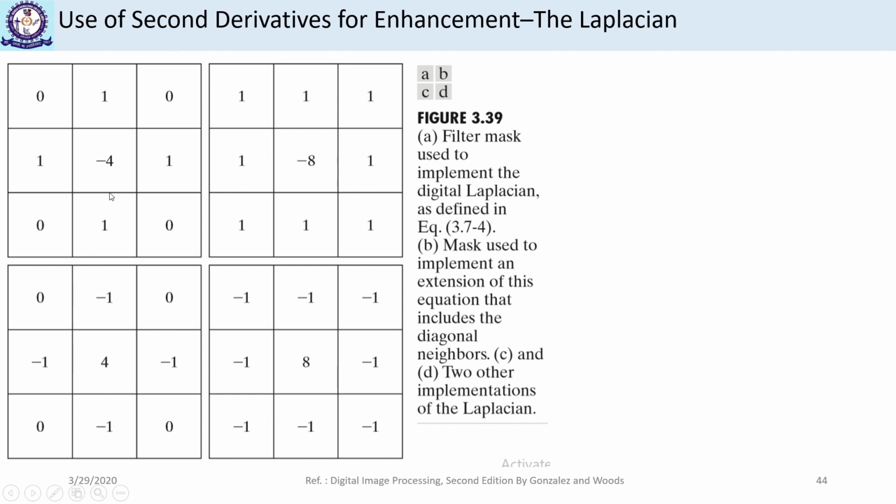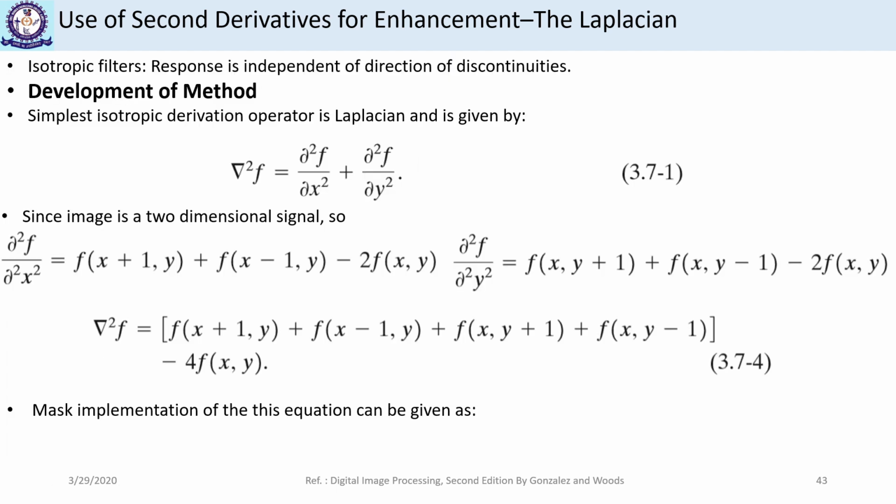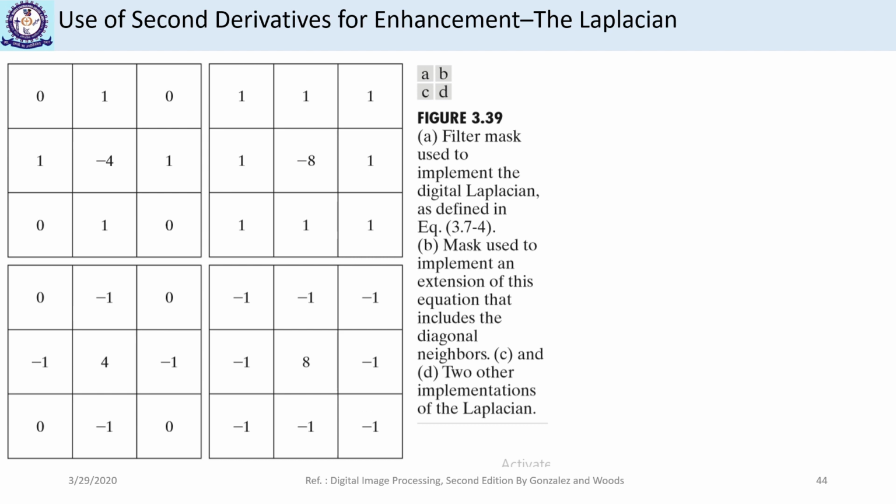Here the center coefficient was negative and remaining are positive. Here we can have a center pixel positive and remaining are negative. This also we can implement like this. So this is how we can implement the Laplacian operator using filters on images.